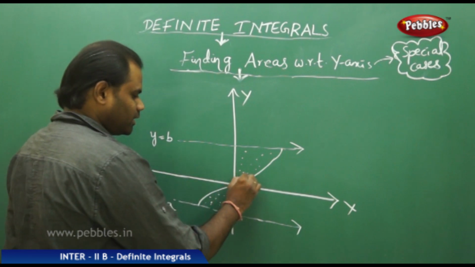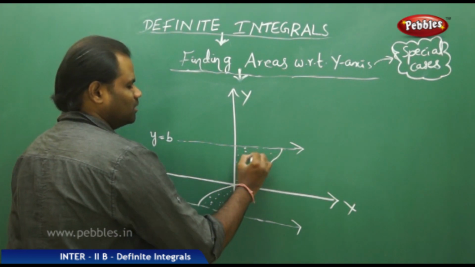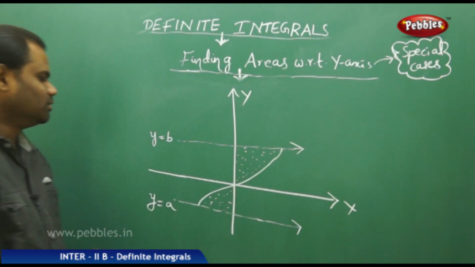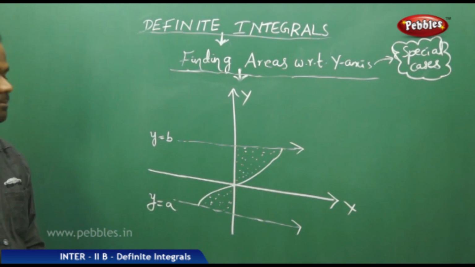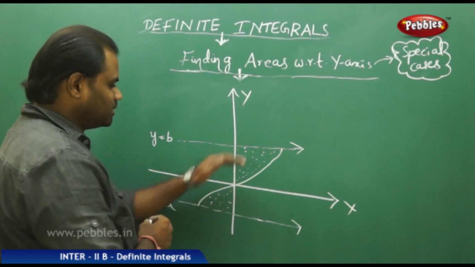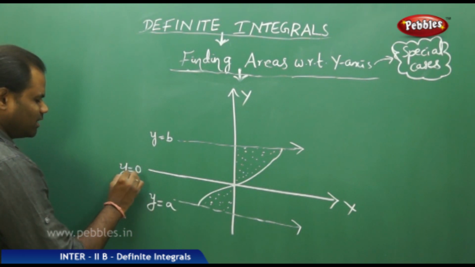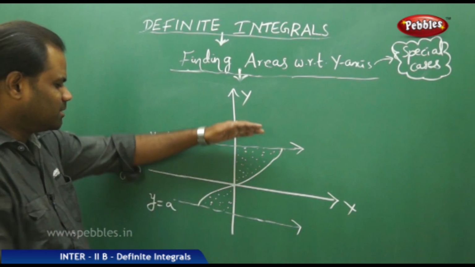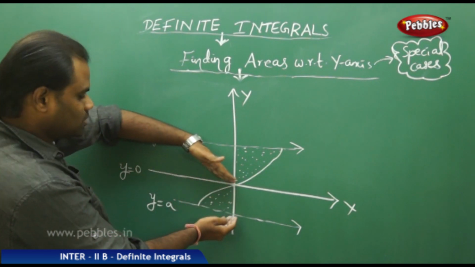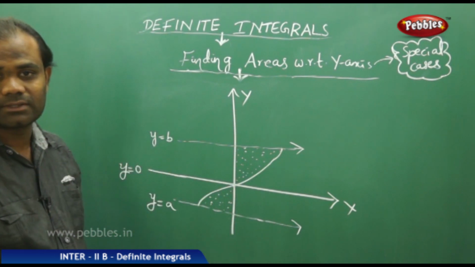So in order to find areas of these kinds of problems, where you need to find the area of this shaded region, I just split this at y equals a, and the equation of the x-axis is y equals 0. So I split between 0 and b and a and 0, then I add the two areas.